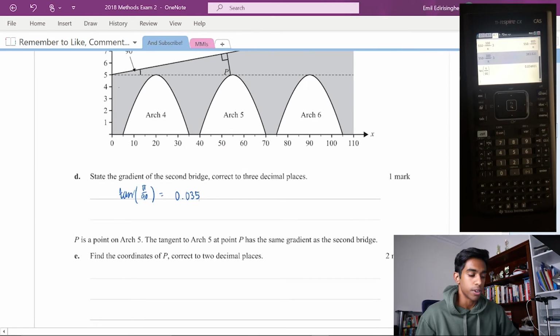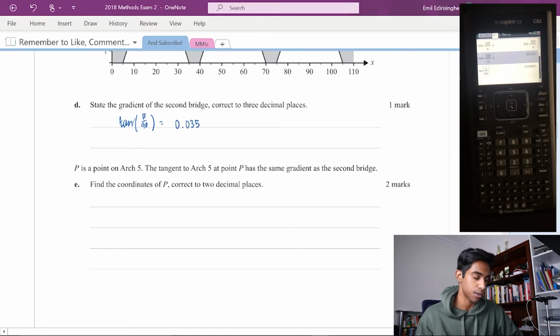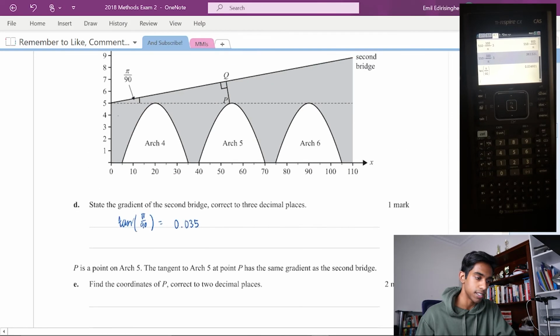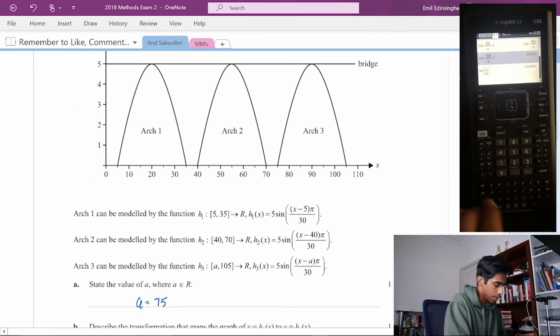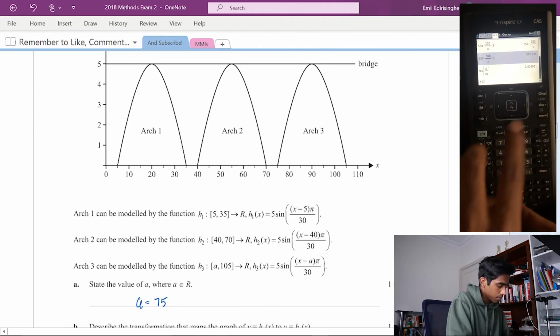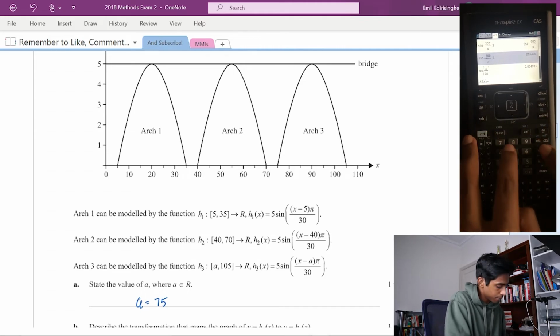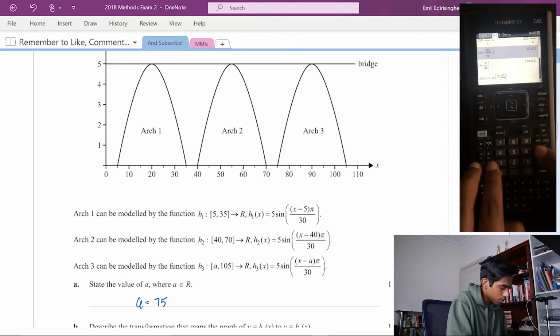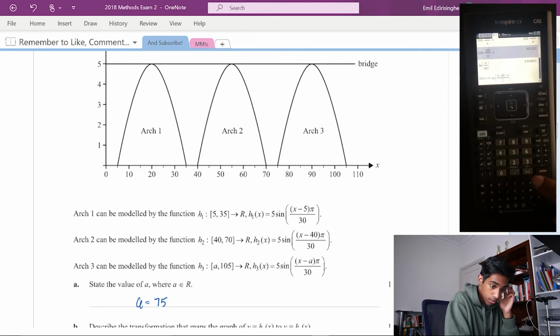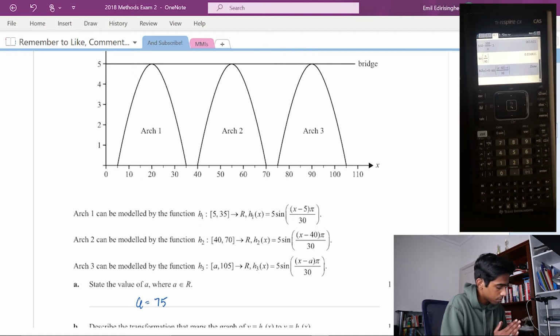Then they tell us that P is a point on arch 5. The tangent to arch 5 at the point P has the same gradient as the second bridge. Okay, so we have to find the coordinates of P. So we're told that arch 5 is the same as arch 2 here. So I'll just get this equation and type it in. We got that, so we typed that in and we defined it.